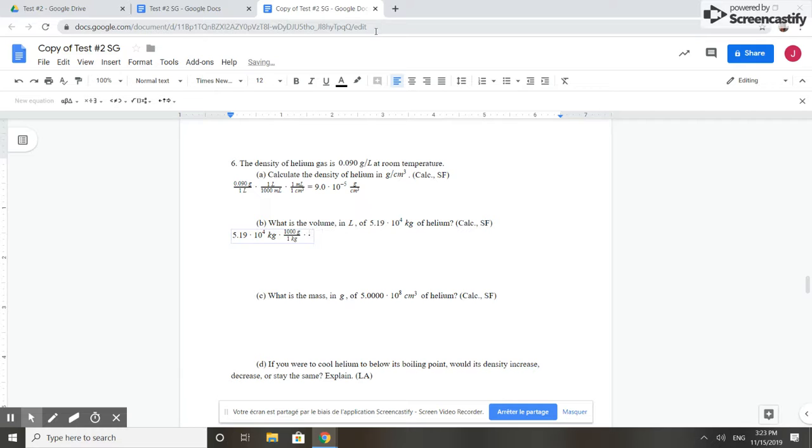Okay, so first I just converted kilograms to grams because my density has it in grams, and then I'm actually going to use the density from the beginning of the problem since I'm looking for it in liters anyway.